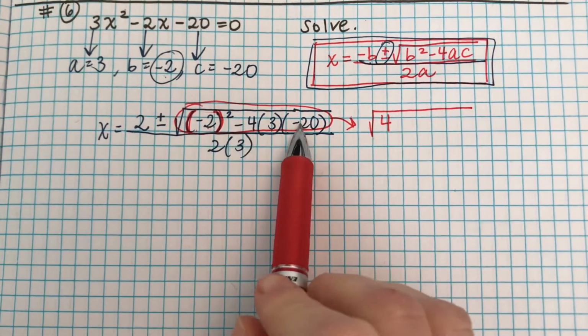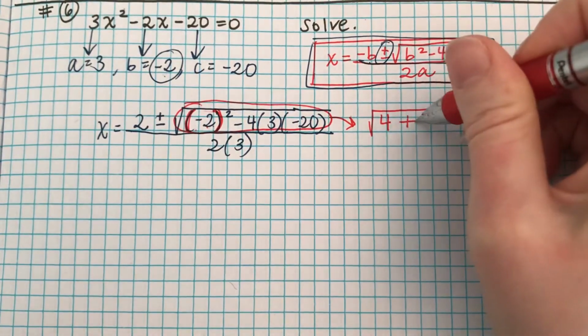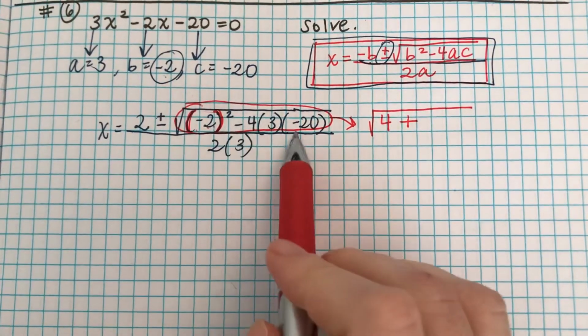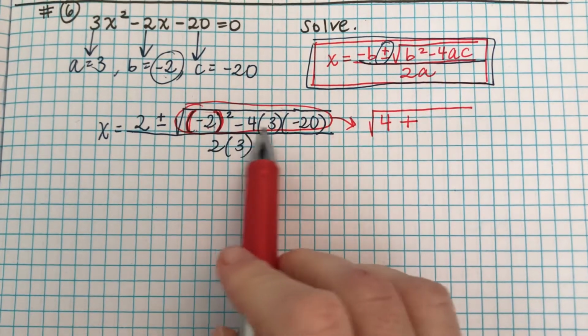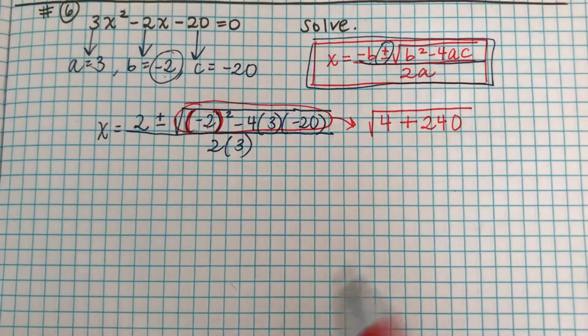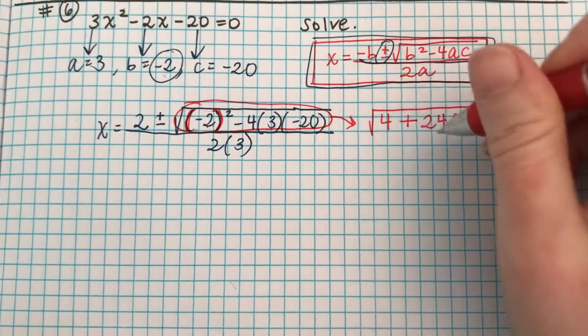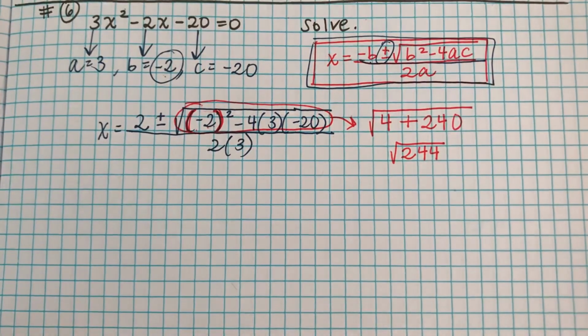So I have 2 negative signs. If I multiply 2 negatives together, that gives me a plus. And then I think about the values. 4 times 3 is 12, times 20, I know 12 times 2 is 24, and then we have that extra 0. So 240, and then let's add those together. So 4 plus 240 is 244.